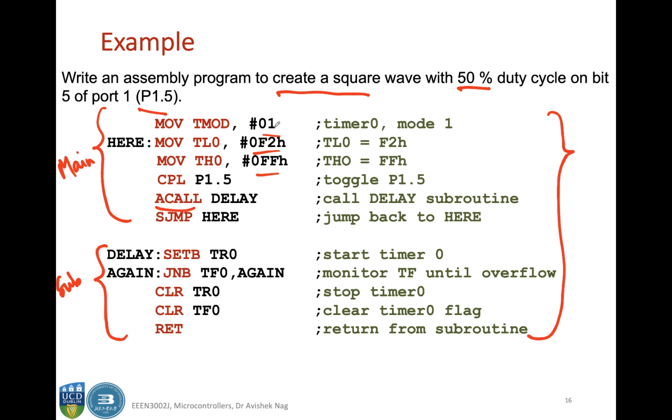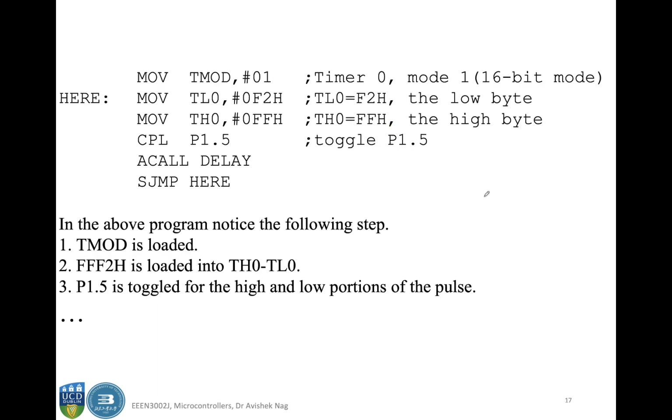Let's first focus on the main code. The first thing that you are doing is to set the mode of the timer. You are moving this number 01 to the TMOD register. If you remember, your TMOD register has two parts for the two timers.